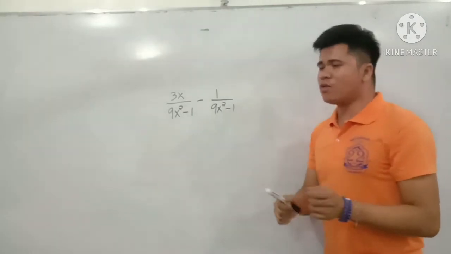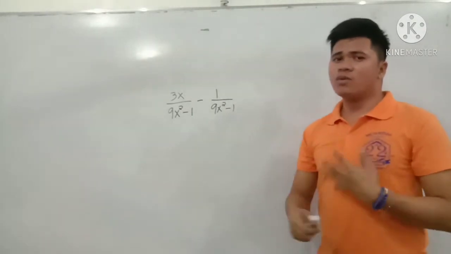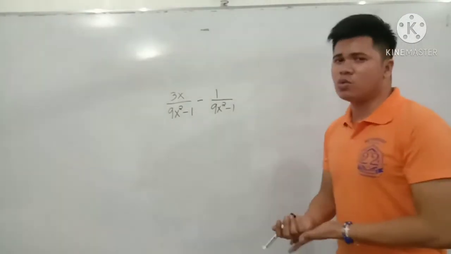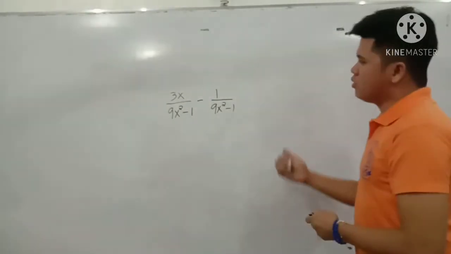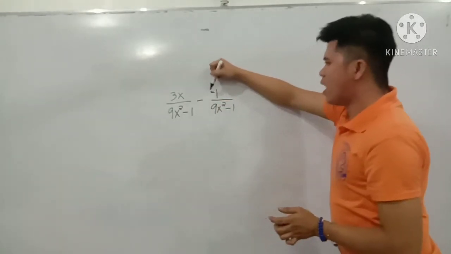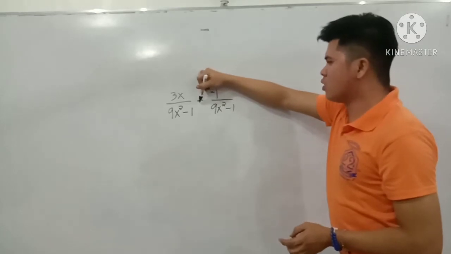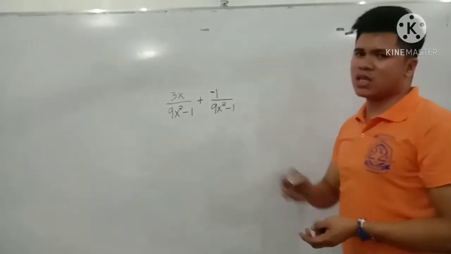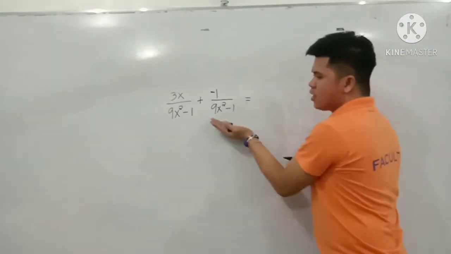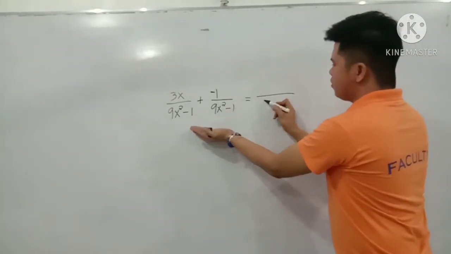Then, don't forget, if we are dealing with subtraction, we always have to change the sign of the subtrahend and proceed to addition. So this positive 1 will change into negative and then our minus will change into a plus sign.